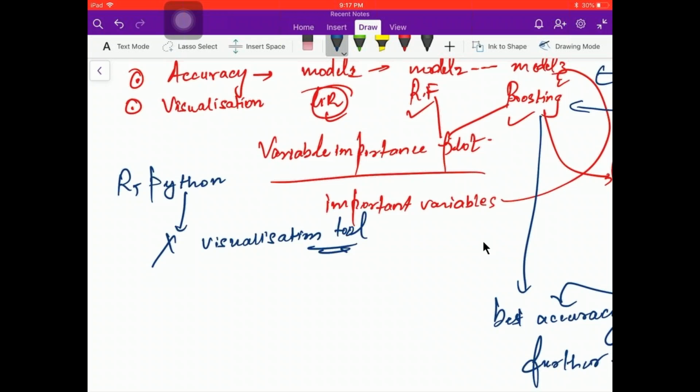So if you decrease LSTAT, let's say you input LSTAT as 0.6, keeping all the other variables constant, what will be the price predicted? Then you say, okay, now if I decrease my LSTAT to 0.3, what would be the price? That is your scenario generation, that what-if scenario. What if I do this? What will be the price change with other variables kept constant?